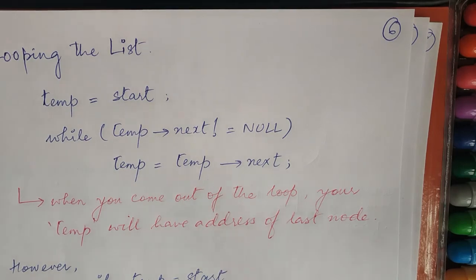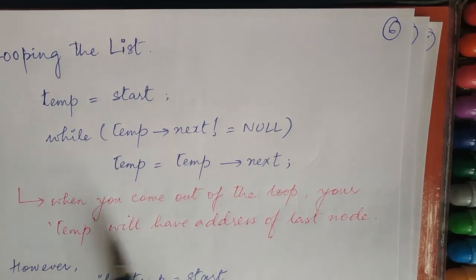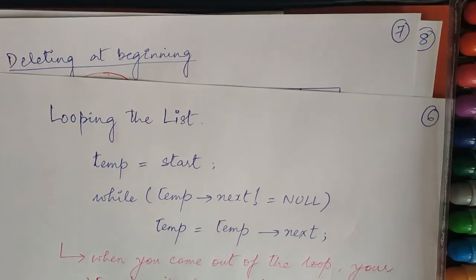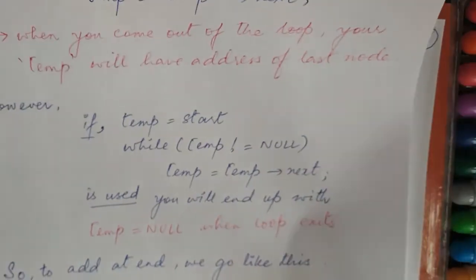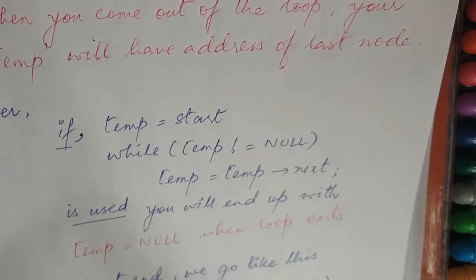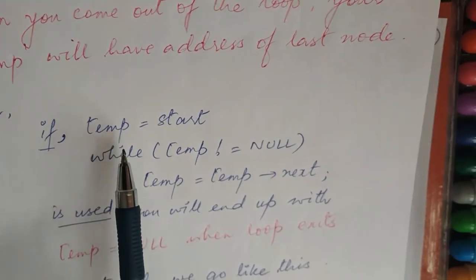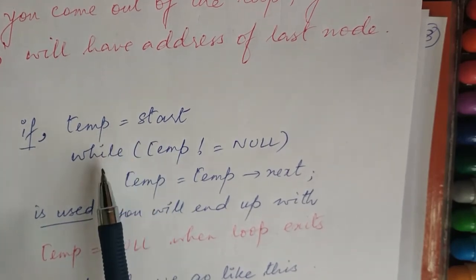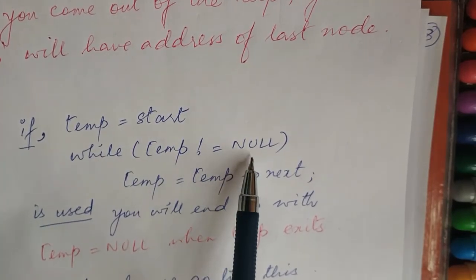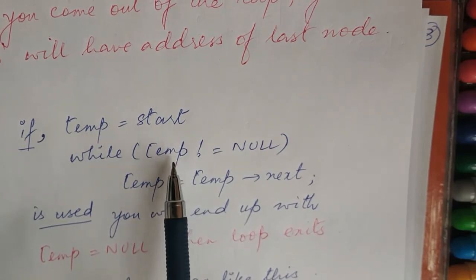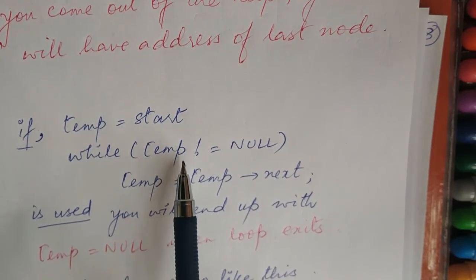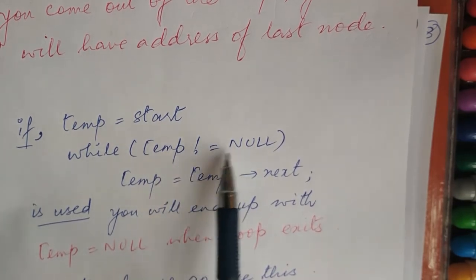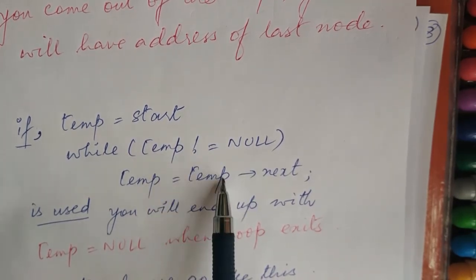There's another way of writing this loop which will help you traverse through the entire list, but it has a slight difference. So let's say if we write the loop like this, temp is equal to start, again the same thing, while temp is not equal to null. That means we are waiting for temp itself till temp is not equal to null, then only you jump to the next node.